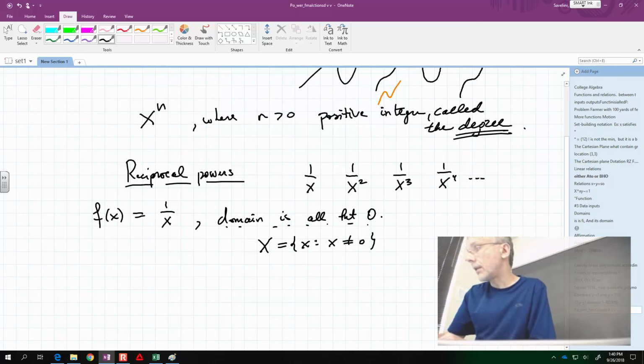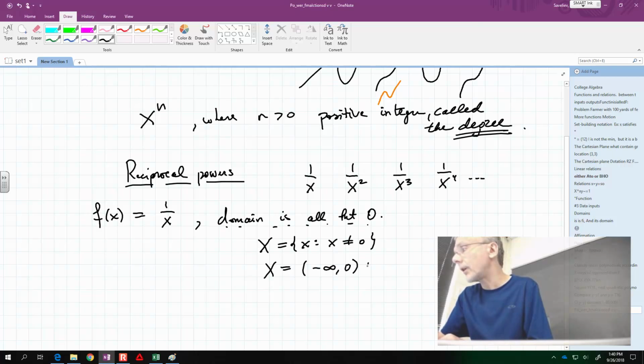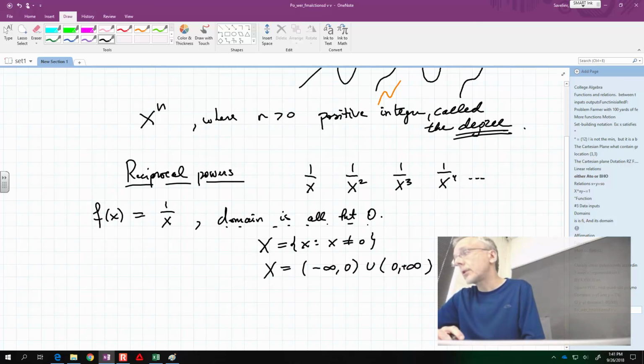And then there is a third way to put it, with interval notation: from negative infinity to 0, and then from 0 to infinity, 0 excluded. Okay? So all are good.